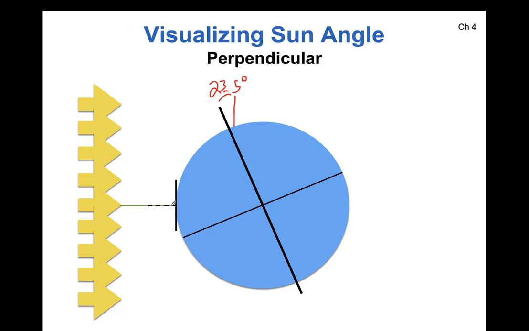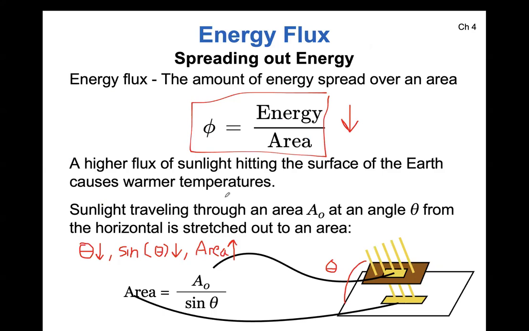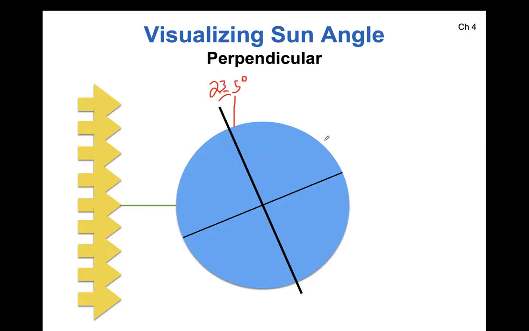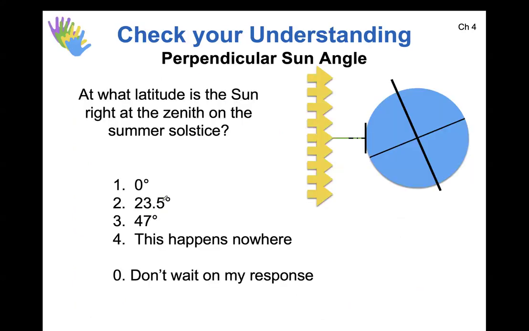In other words, the direction of the sunlight and the zenith direction are parallel, they coincide. And that would create maximum energy flux because we would have minimum area for a fixed amount of energy. So this is the most intense sunlight, the most energy being delivered by the sunlight.